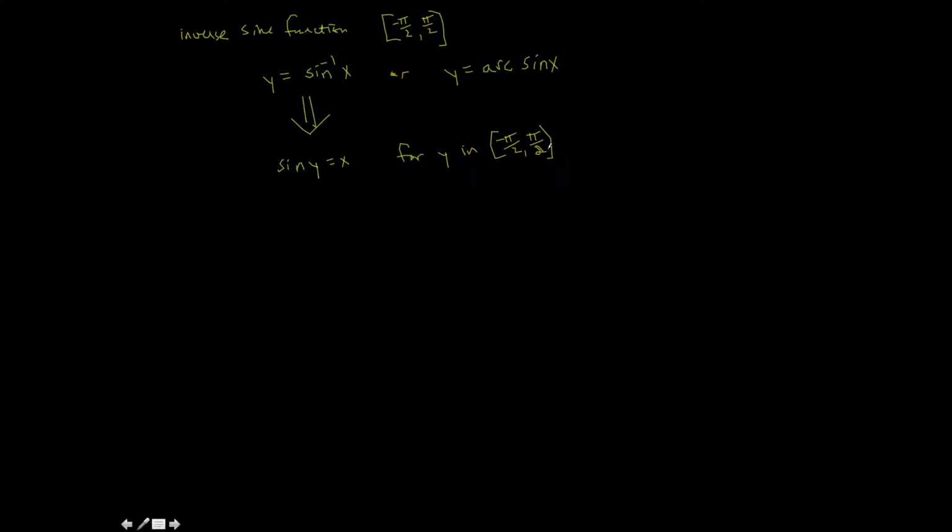So we say this is the same thing as the sine of y equals x. We reversed our x's and y's for y in that interval. That is essentially what the inverse sine function is. So to solve for y, we have to take the inverse of both sides. That's how we solve for y in that particular function.